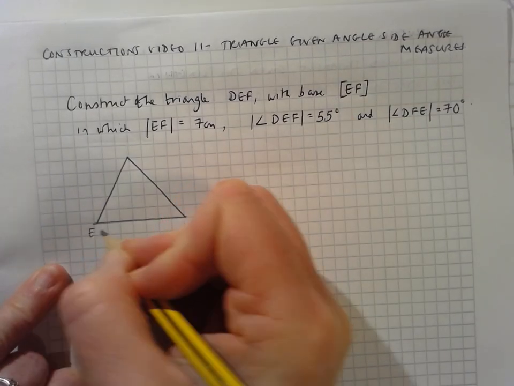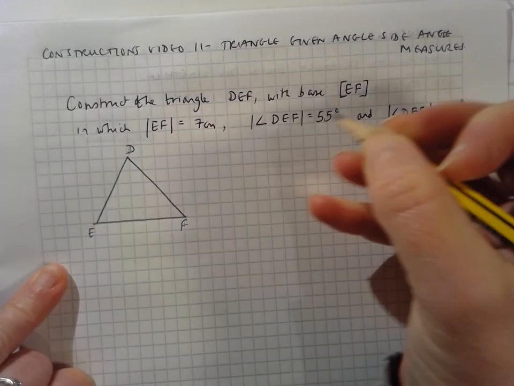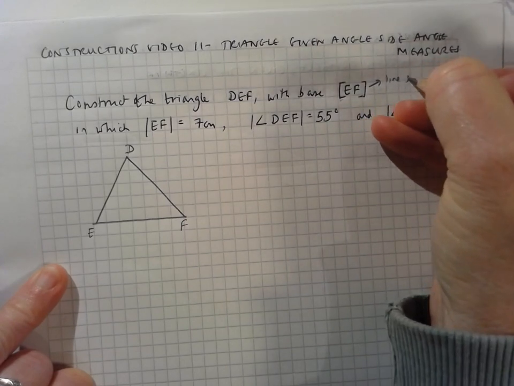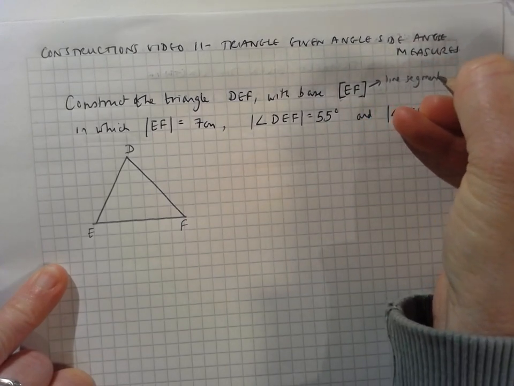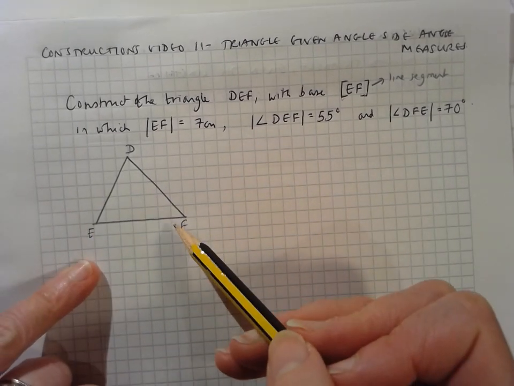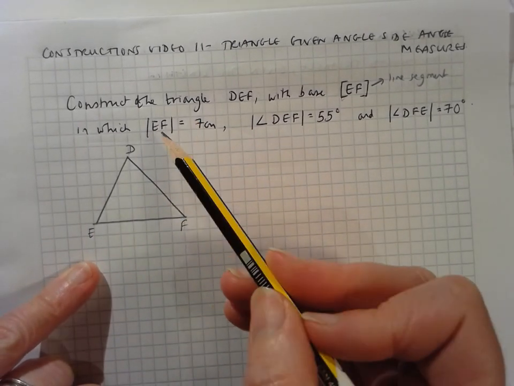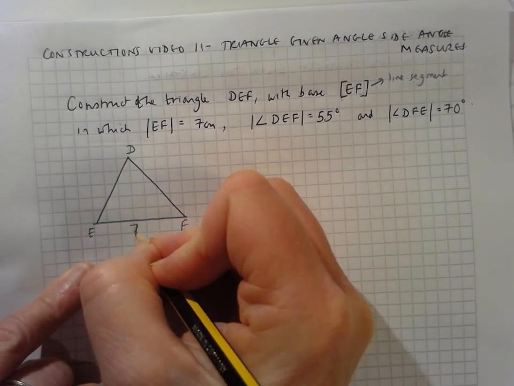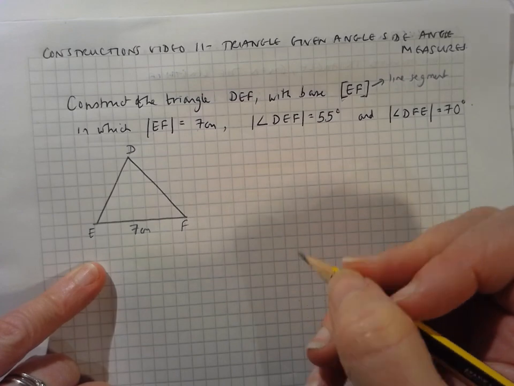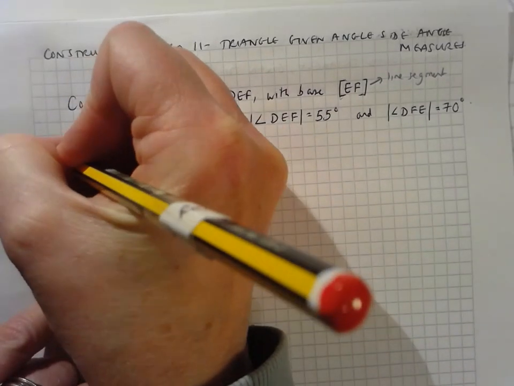Those square brackets mean line segment, so line segment EF is the base of the triangle. We're told EF is 7. Don't forget, this is just a sketch, so that's not 7, but in our real triangle it will be.